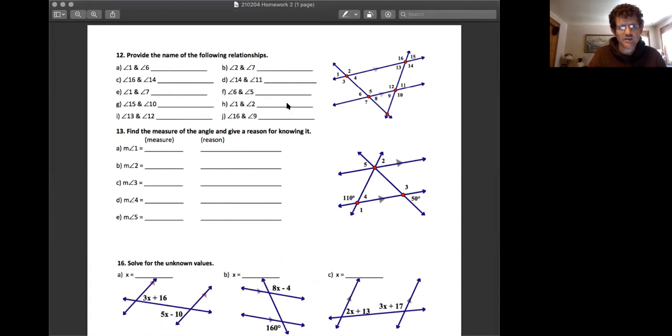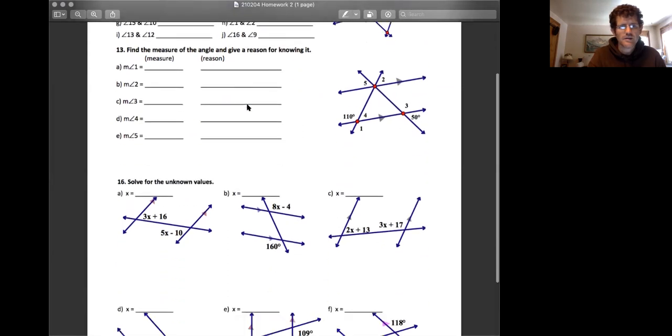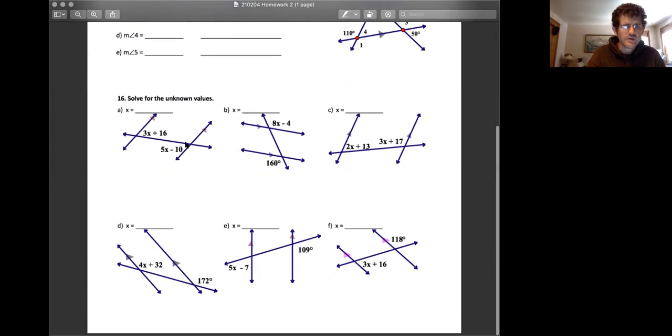We might do this in class tomorrow, but see if you can name the angle relationship shown in this diagram. Down here, you need to do problems A, C, and E. These are reviewing the rules that we learned on Monday, and we spent Tuesday practicing them. So this is your practice from Monday and Tuesday, and that's all I was really going to show on this page.